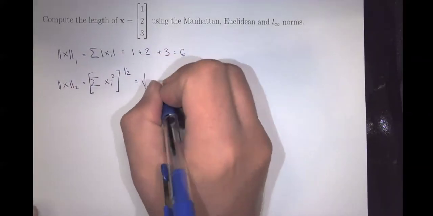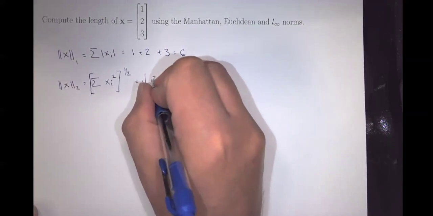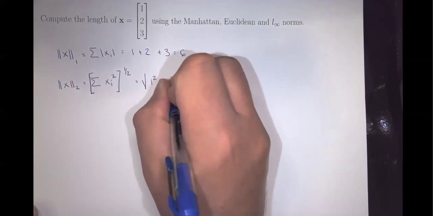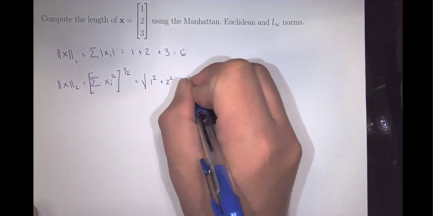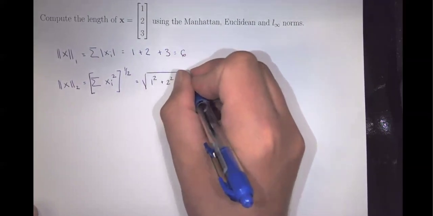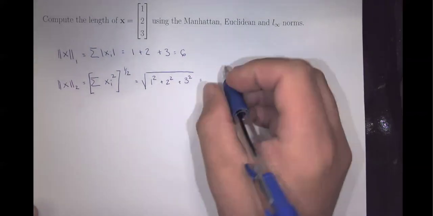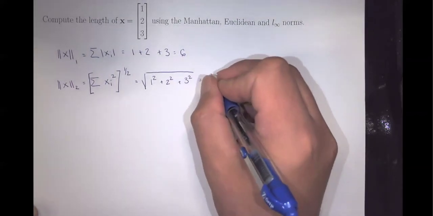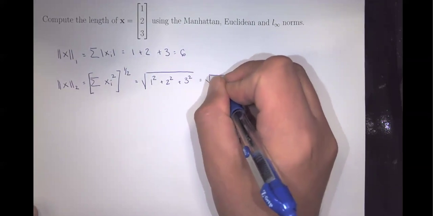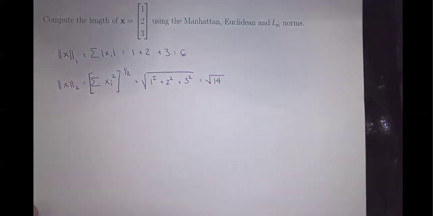So this gives us the square root of 1 squared plus 2 squared plus 3 squared. So this is 9 plus 1 is 10 plus 2 squared is 4, so 14. And because 14 is not a product of perfect squares, we'll just leave it like that.